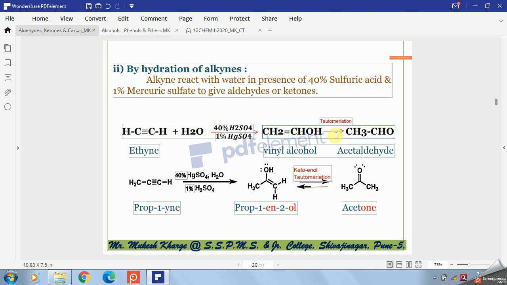This conversion is called tautomerism or tautomerization.